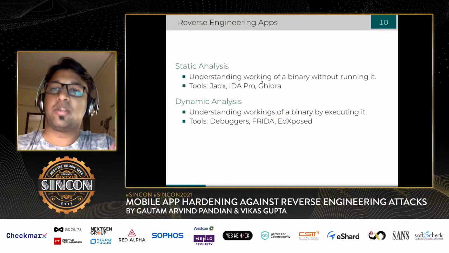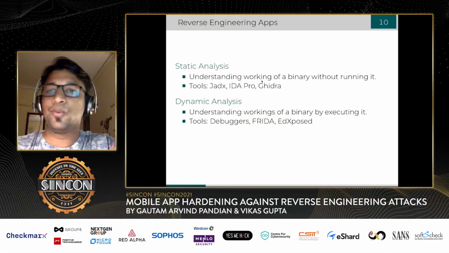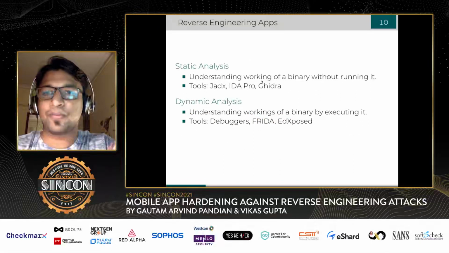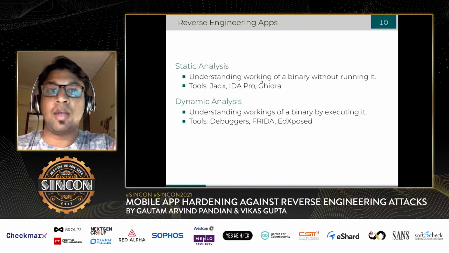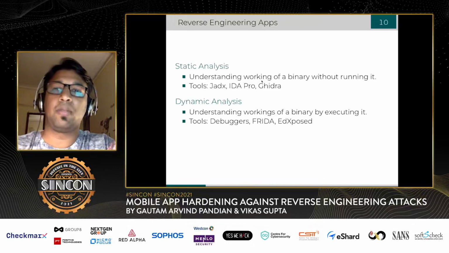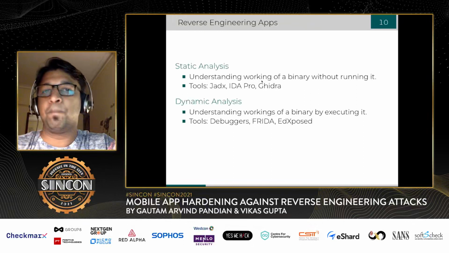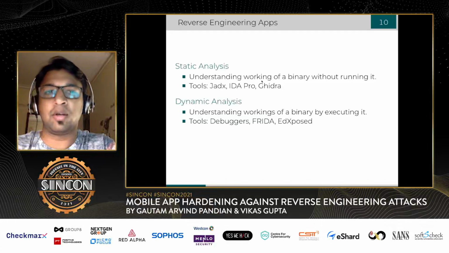To set the tone, there are two basic approaches to reverse engineering. One is static analysis, one is dynamic analysis. In static analysis you are not really running the binary. You just try to understand what the binary is possibly doing by looking at the disassembled or decompiled code using tools like JADX, IDA Pro or Ghidra.